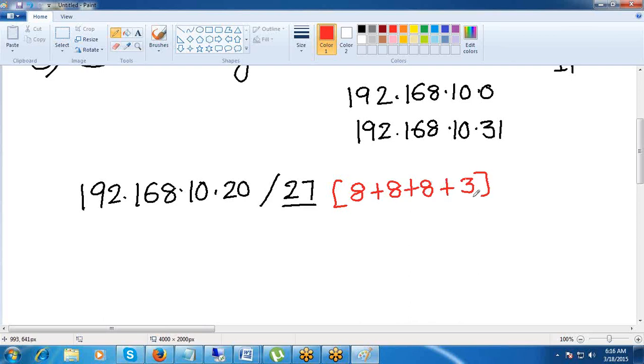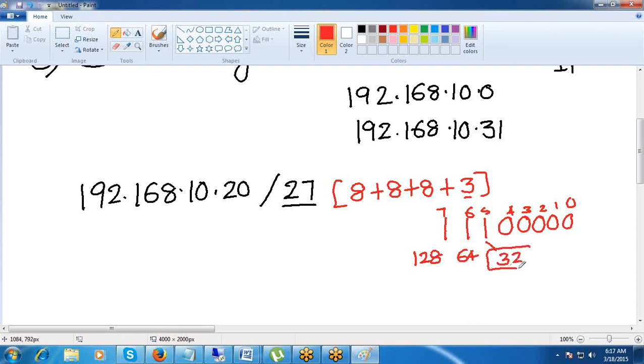Plus 3 means we are using 3 bits, 1, 2, 3, and the remaining 5 zeros are there. So 2 power 0, 2 power 1, 2 power 2, 2 power 3, 2 power 4, 2 power 5, 6, 7, so it's 128, 64 and 32. So here the magic number is 32 only, the increment of the network ID is 32.